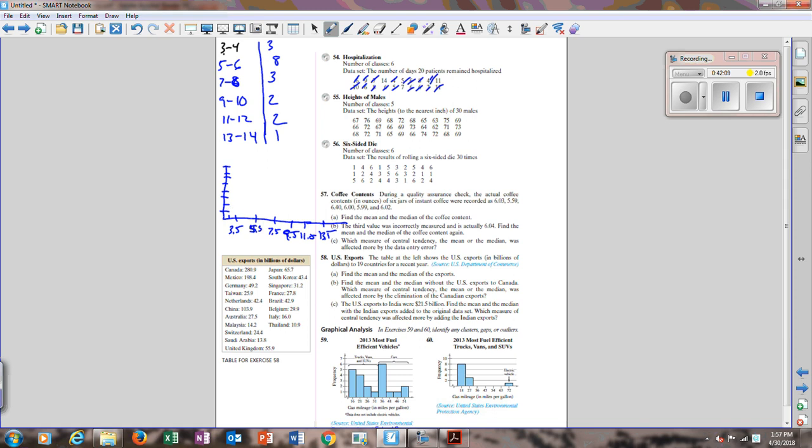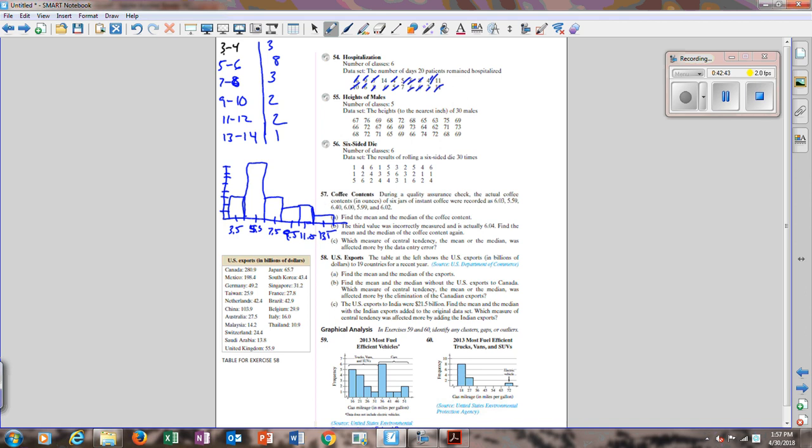So this is 3, goes up to 3, and over, down. This one is 8, goes all the way up to 8. It's a great histogram. Then 3 again, then 2, then 2, then 1.